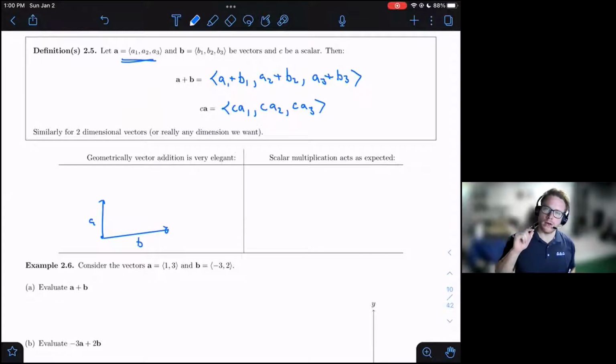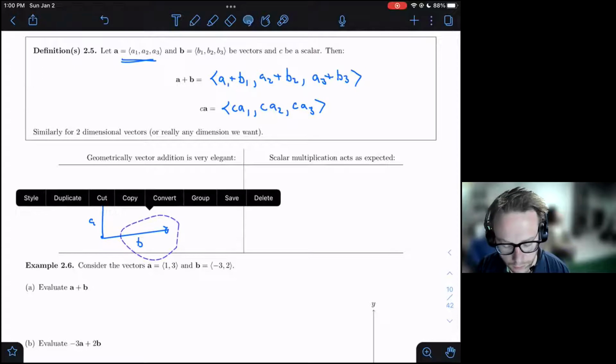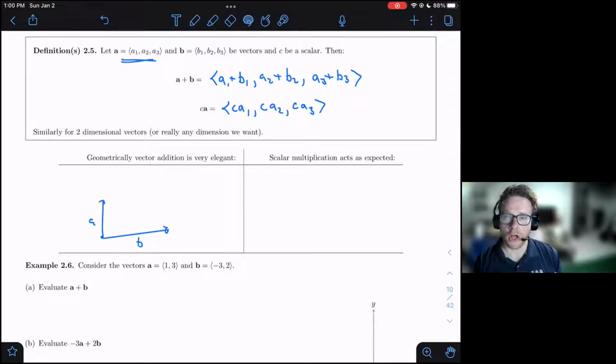When you add 2 vectors together, you basically travel along one, and then you travel along another. So in this case, if I wanted to do A plus B, I would travel along A. Remember, vectors are equal so long as they have the same length and the same direction, so you're allowed to pick them up and move them.